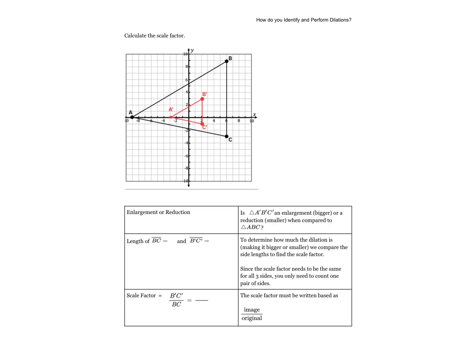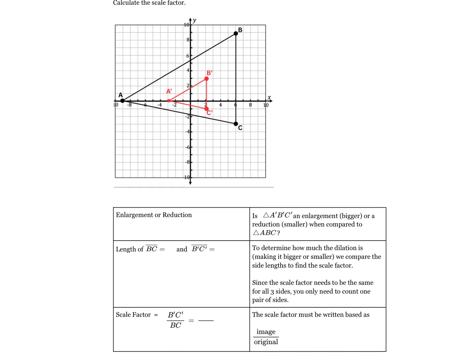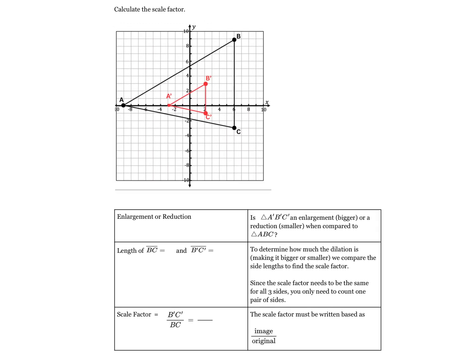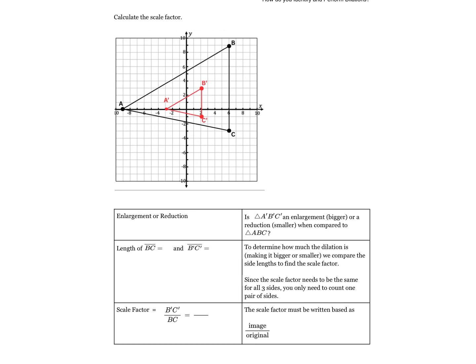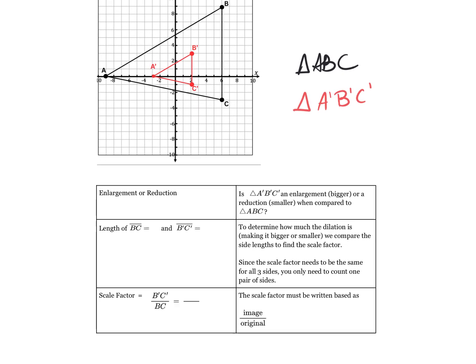Okay. Why don't you give this one a try? We have triangle ABC in black, and then we have triangle A prime, B prime, C prime. Count the length of BC and B prime, C prime, and determine the scale factor.